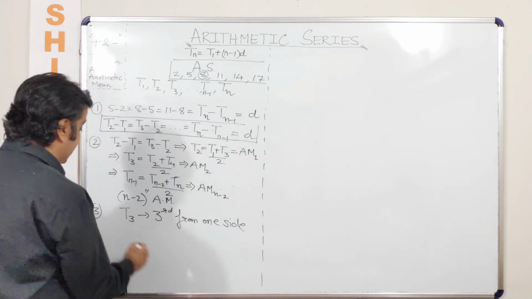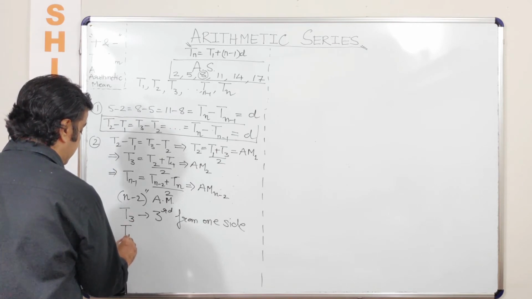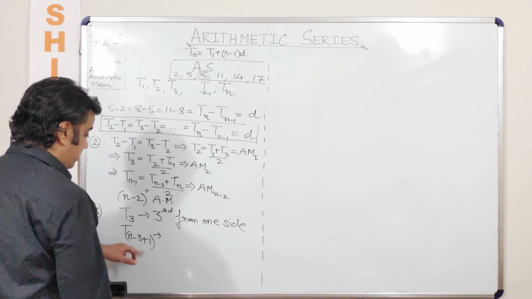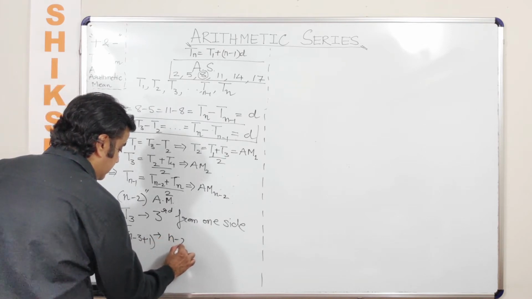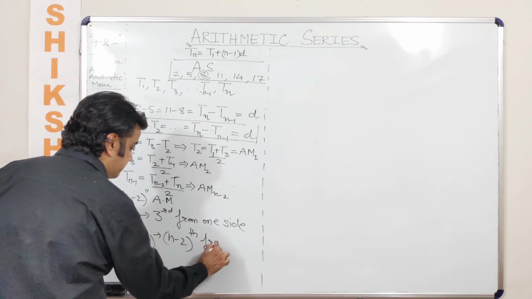So from the other hand side, this will be what? Can I say n minus 3 plus 1? Which is just like saying n minus 2th term from the other side.